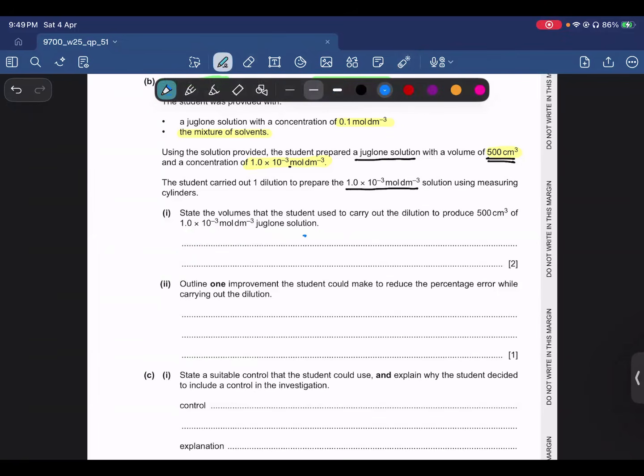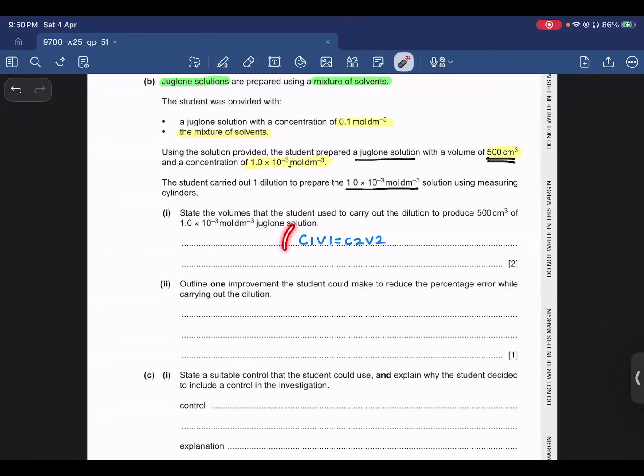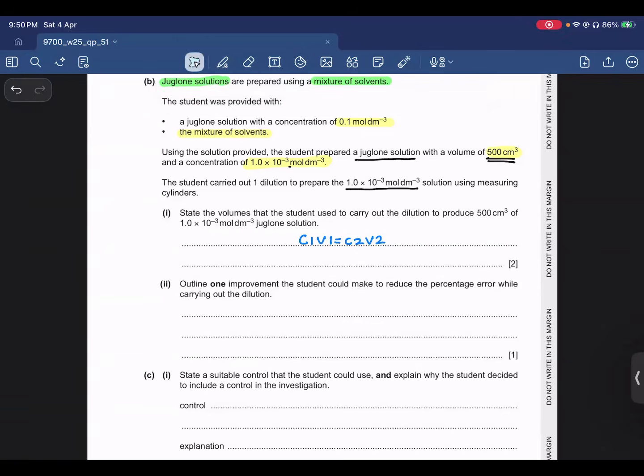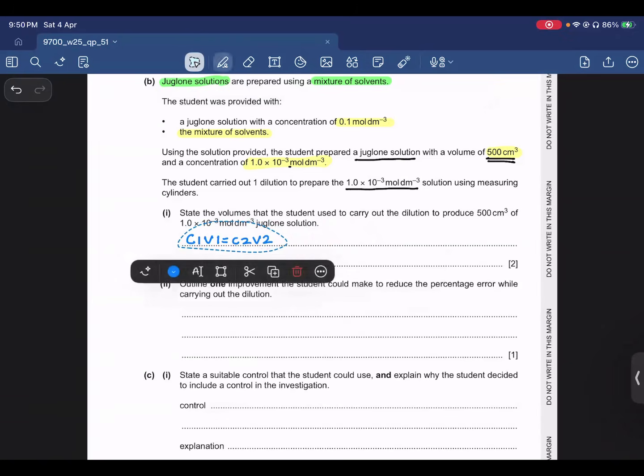So you're right. When we use C1 V1 equals C2 V2, could you tell me how you will solve this, meaning how will you use this formula, as in what's C1 V1, what is C2 V2? Okay, so basically the original concentration is 0.1, the first concentration.